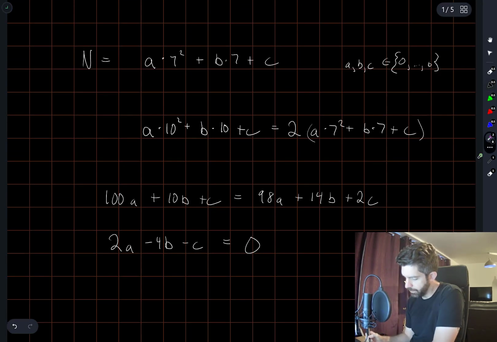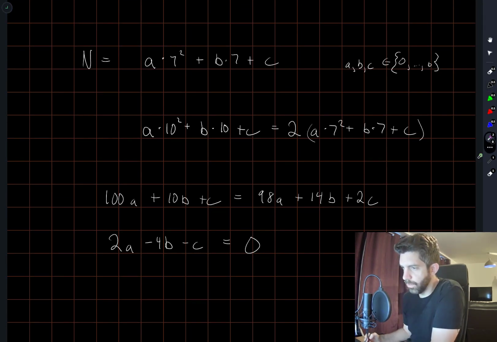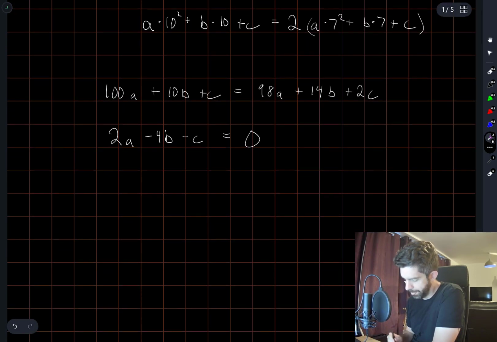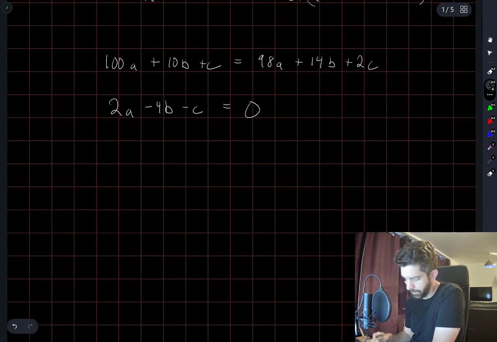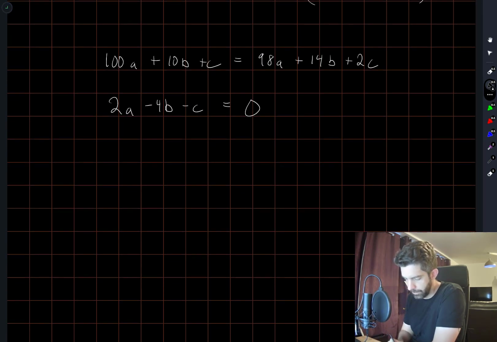I am of course only at the moment looking at 3-digit numbers in base 7. We'll think about larger values later. So if A is as large as possible, A is equal to 6, I'm going to break this up into cases one by one and see if we can find a solution. So I have 12 minus 4B minus C is equal to 0.